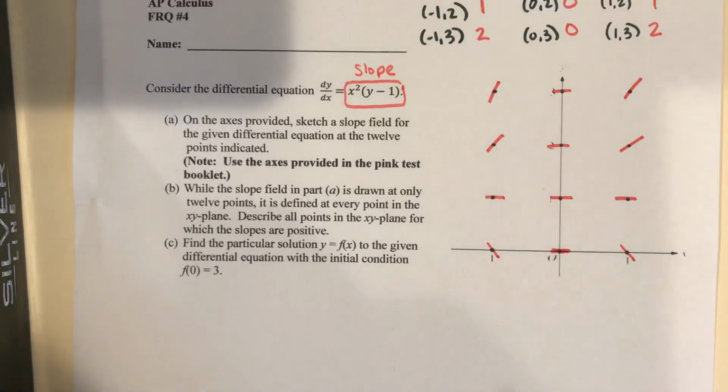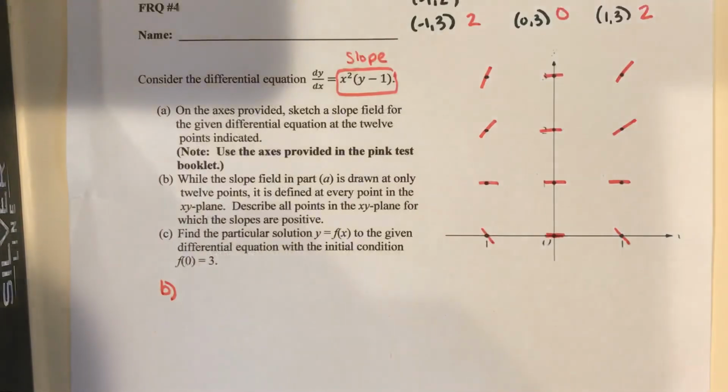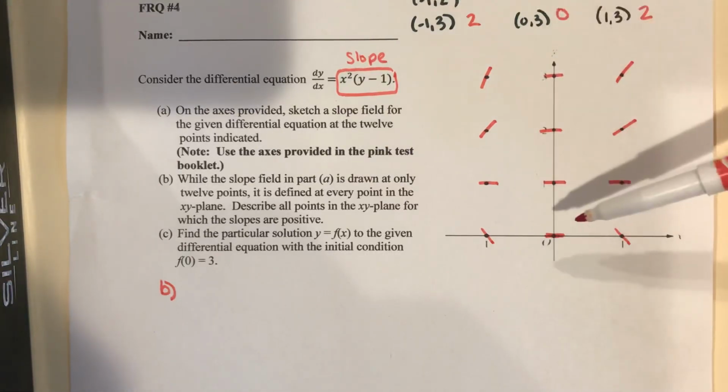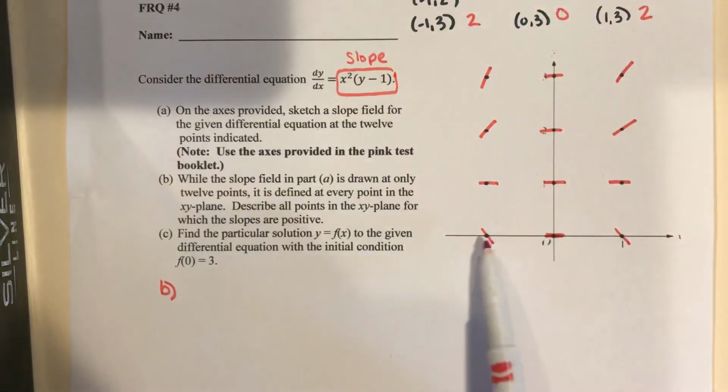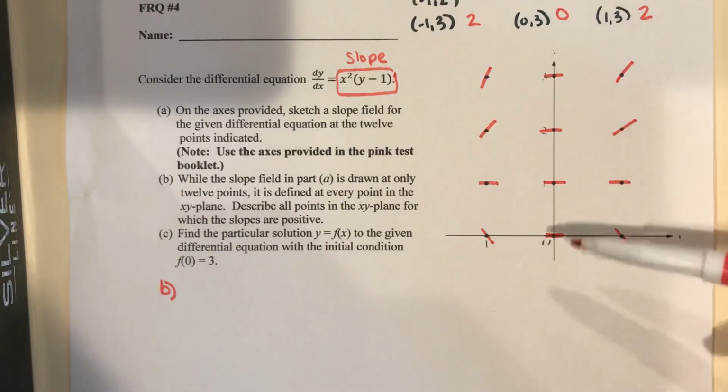Part B says, while the slope field in part A is drawn at only 12 points, it is defined at every point in the xy plane. Describe all points in the xy plane for which the slopes are positive. So I just have to describe where all of the slopes would be positive. Anywhere on the y-axis we had a 0 slope, so that wouldn't be an answer. Anything 0 or less would be a negative slope.